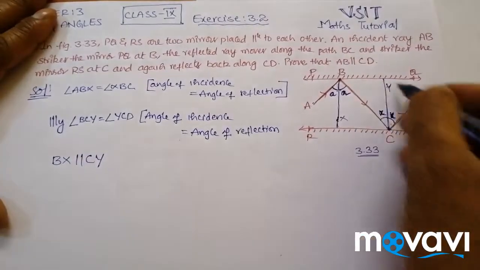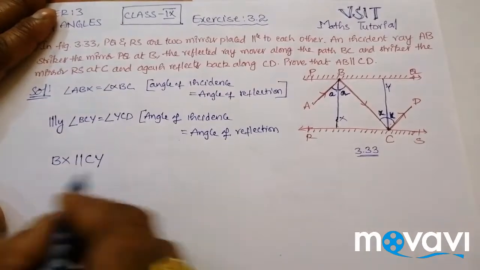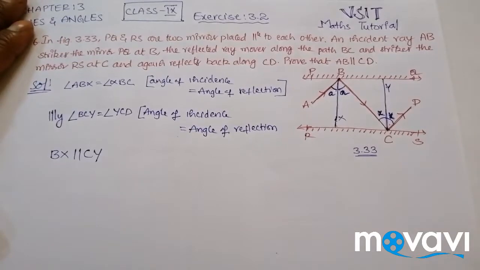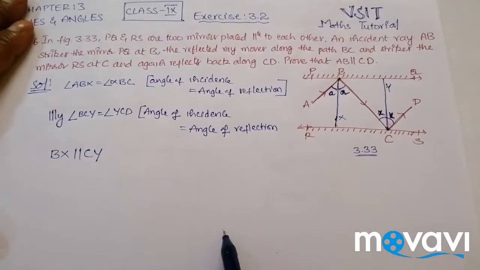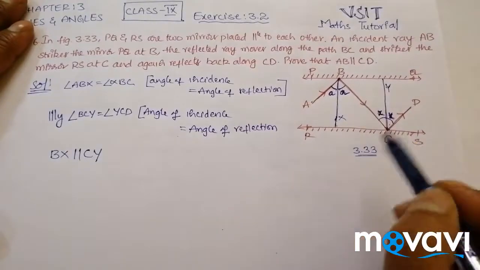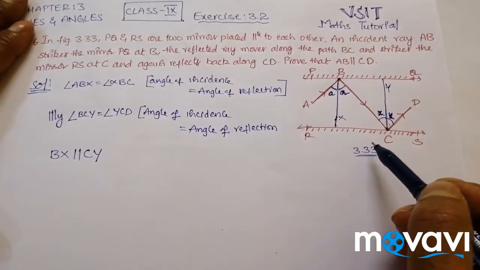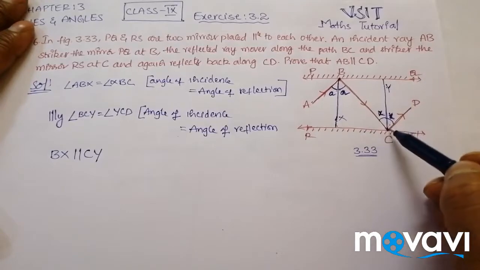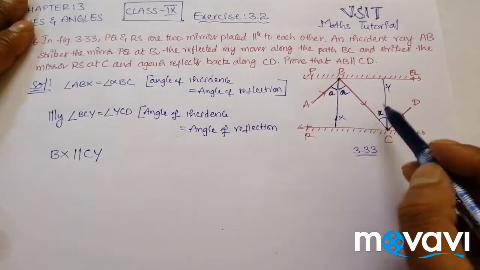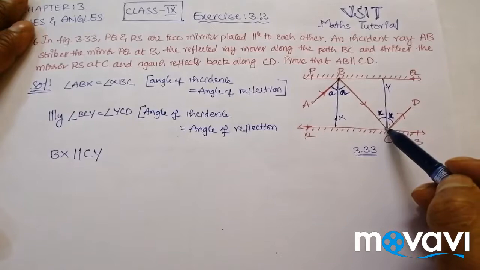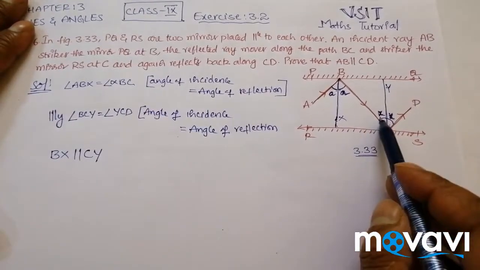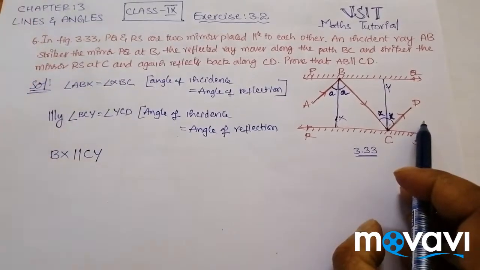If BX is parallel to CY and BC is the transversal, then the angles XBC and YCB will be interior alternate angles, which will always be equal.